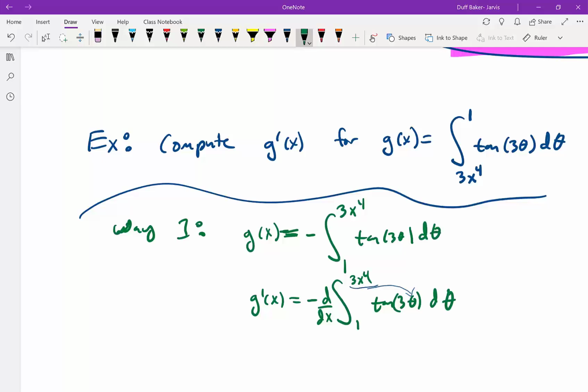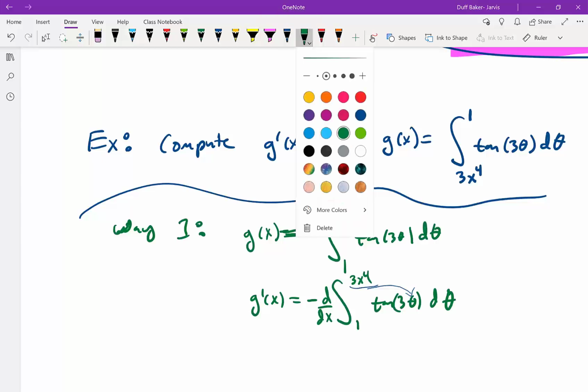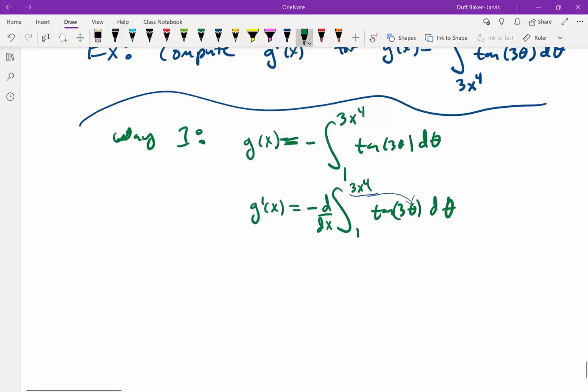You plug that in, and then you have to multiply by the derivative. So this is minus tangent of 3 times 3x to the fourth, all inside the tangent, times, from the chain rule, you get 12x cubed. Okay, so that would be one way to do it.